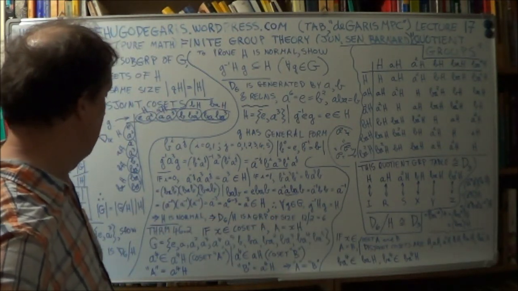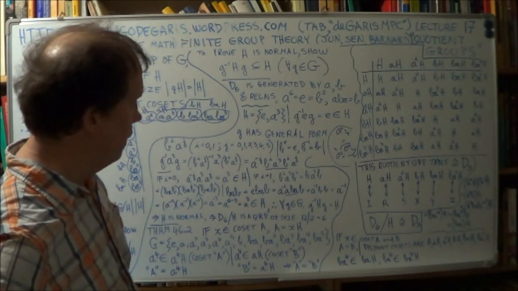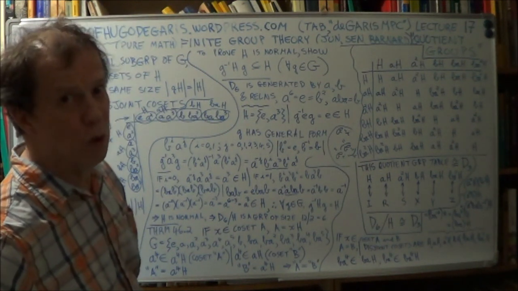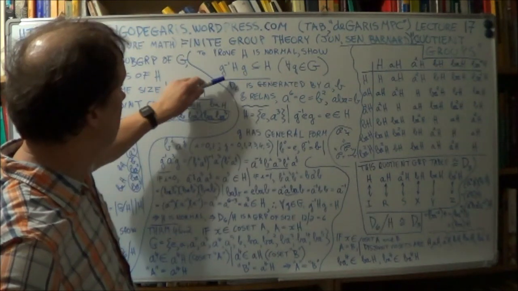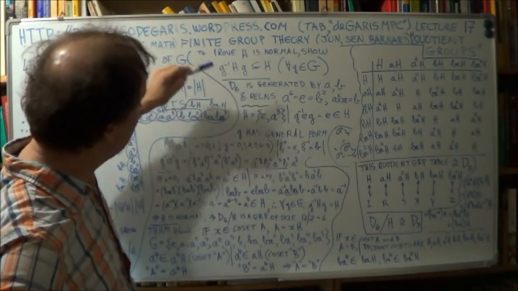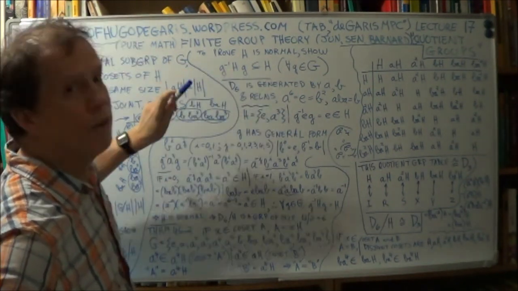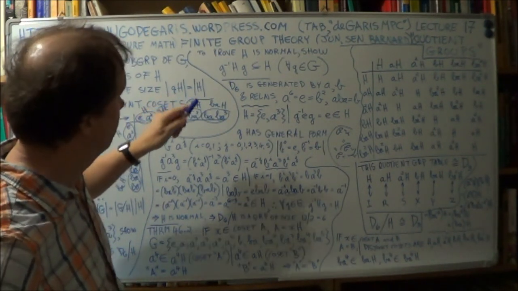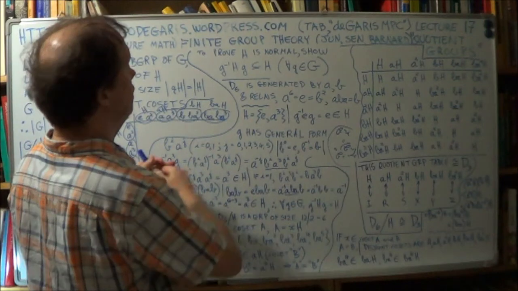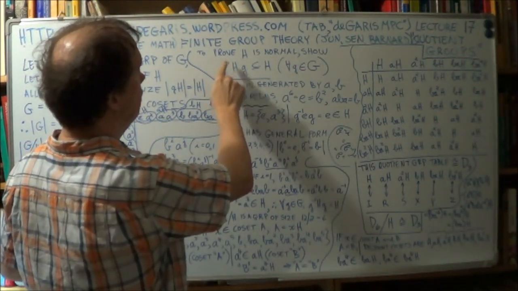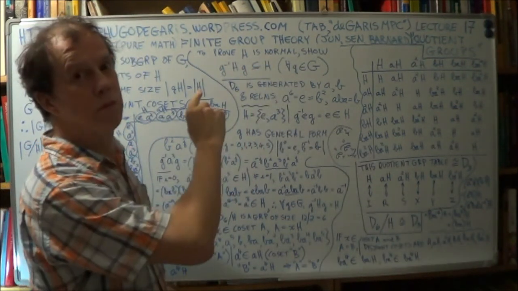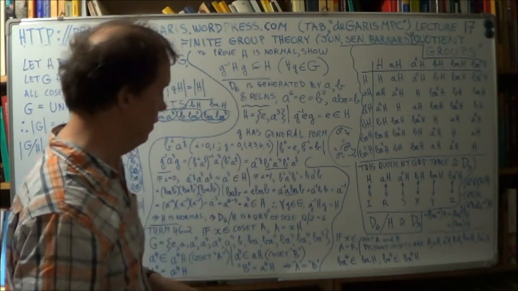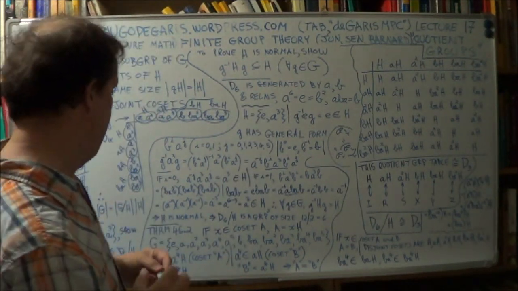Therefore, we have shown that H is normal, because we've shown this. And by showing this, from theorem 59, if you have this, you have G inverse HG equals H. Right? Remember that from the previous session?